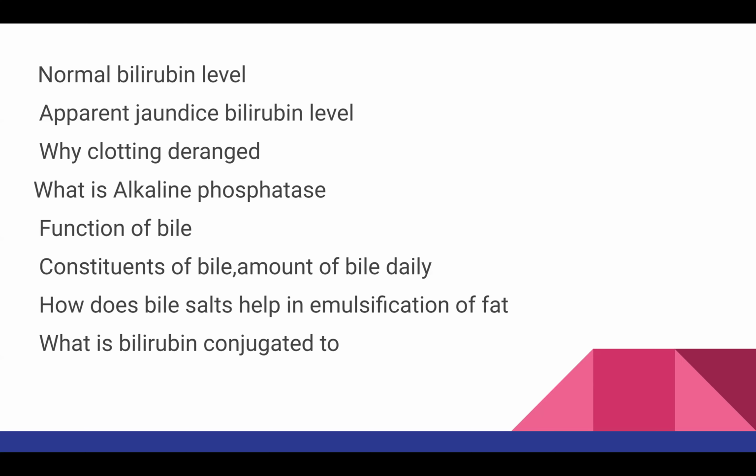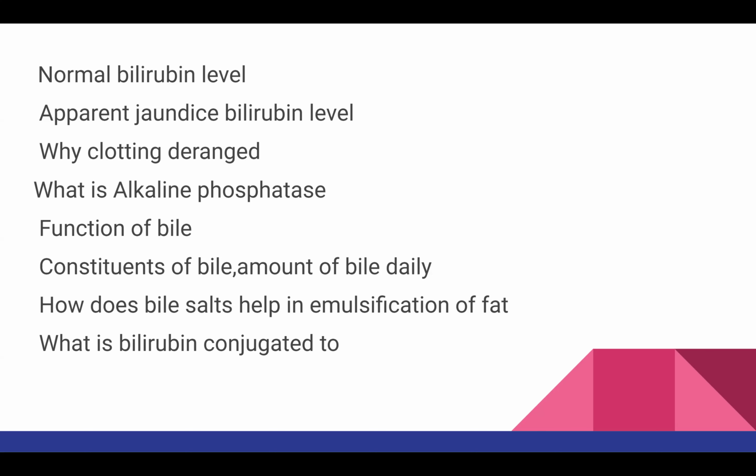What are the constituents of bile? Bile contains mainly water, followed by cholesterol, bile salts, bile acids, bile pigments, lecithin, and so on. And what is the amount of bile that is daily produced? About 500 to 1000 ml per day in 24 hours.